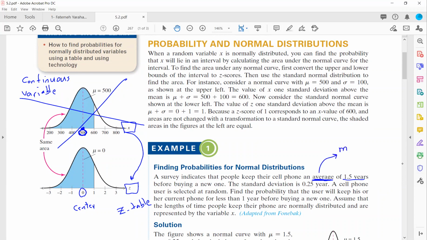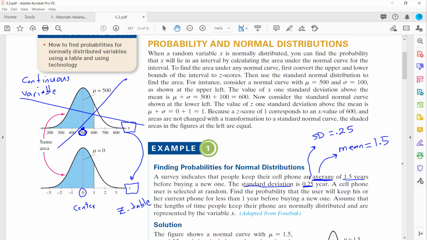So the mean of the data is 1.5 years. The standard deviation is 0.25. So standard deviation is also given. These are important information and we just write them here.